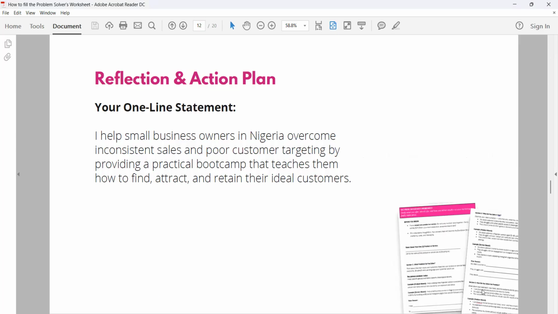I tell you, I help small business owners in Nigeria overcome inconsistent sales and poor customer targeting by providing a practical bootcamp that teaches them how to find, attract, and retain their ideal customers. Does this make sense? Now, you are not forced to speak the same way you have spoken in the other ones, but you are still saying the same thing. So don't think that this worksheet is going to customize you and put you in a mold.